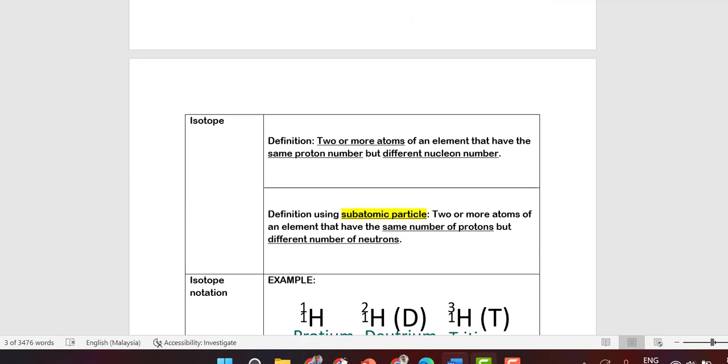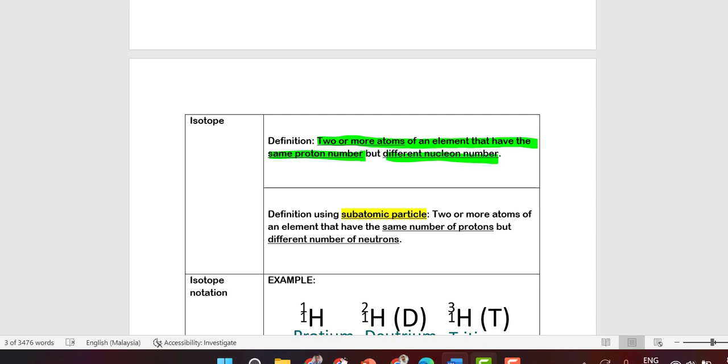Next part is the definition of isotopes. There are 2 definitions of isotope. The first one is: 2 or more atoms of an element that have the same number of proton but different number of nucleon.